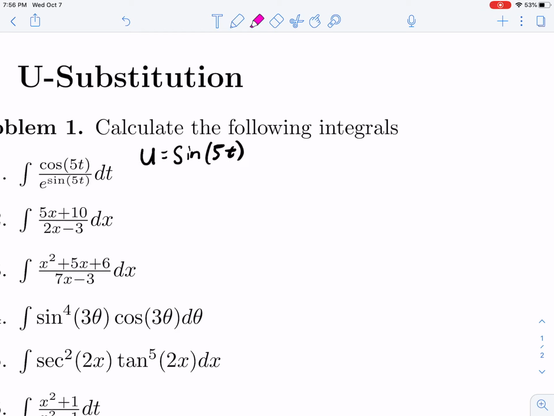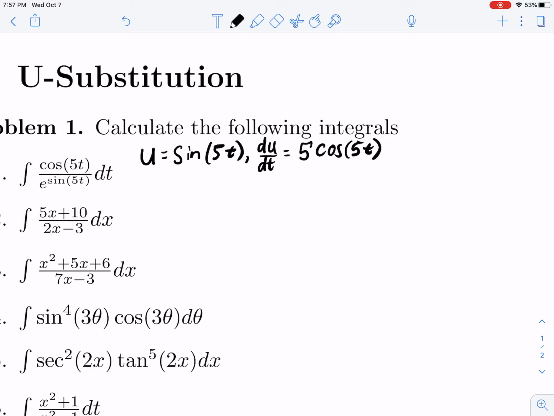Now, why am I choosing that? Well, the derivative of sine is cosine, and I hope to be canceling that numerator out. So, if U is sine of 5t, du dt, different variable but not a big deal, is going to be, well, we need the chain rule, so it's 5 times the cosine of 5t.